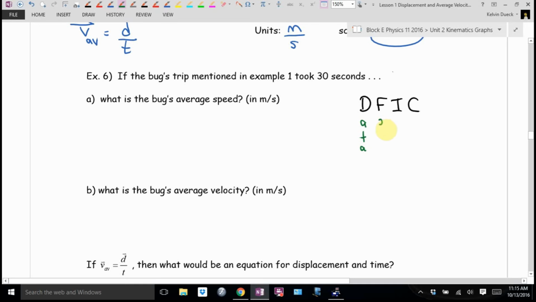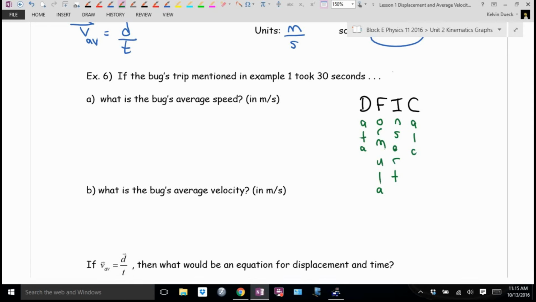The F stands for find a formula from your formula sheet that has everything from your data in it. Write that down. Then the I stands for insert the numbers, insert the data. And the C stands for calculate the answers or crunch the answers.